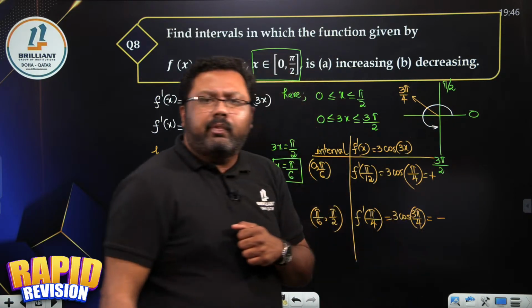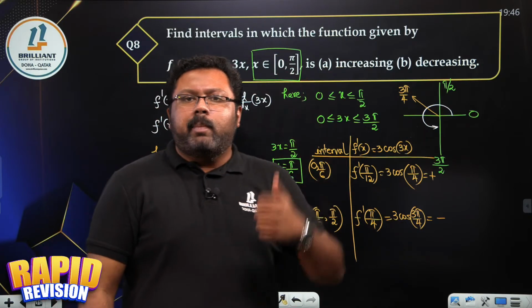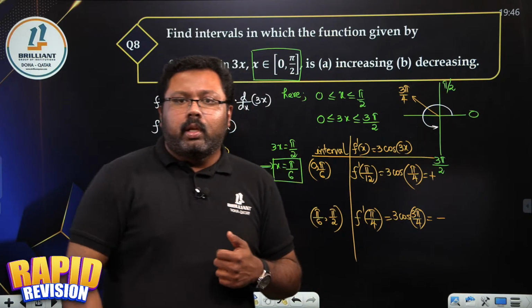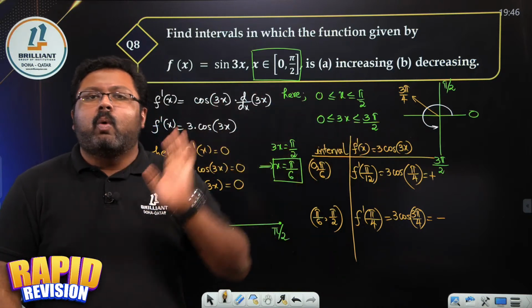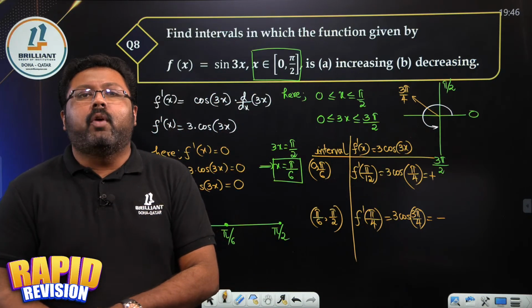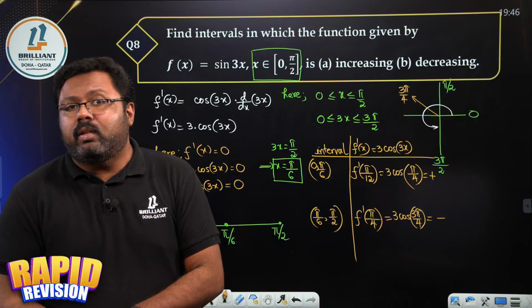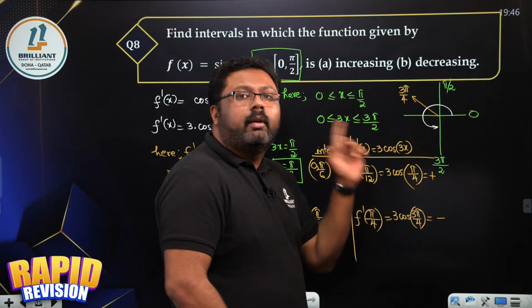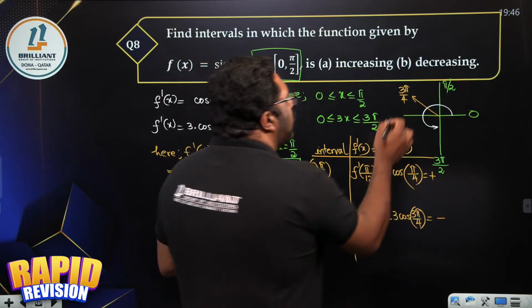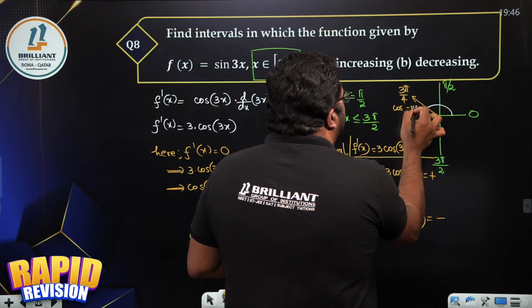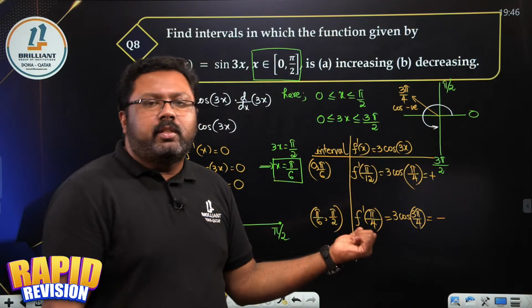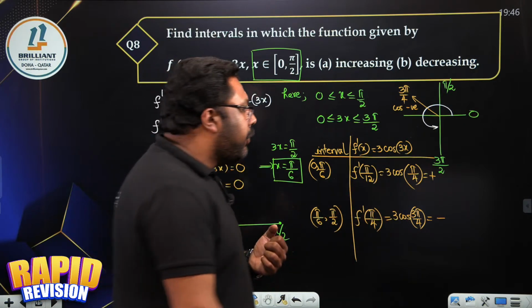Pi by 4 is 45. Then 2 times pi by 4 is 90. Then 3 times pi by 4 is definitely 135 degrees, which falls in the second quadrant, where cos is negative. I'm not concerned about the value. Please don't waste your time calculating values here.